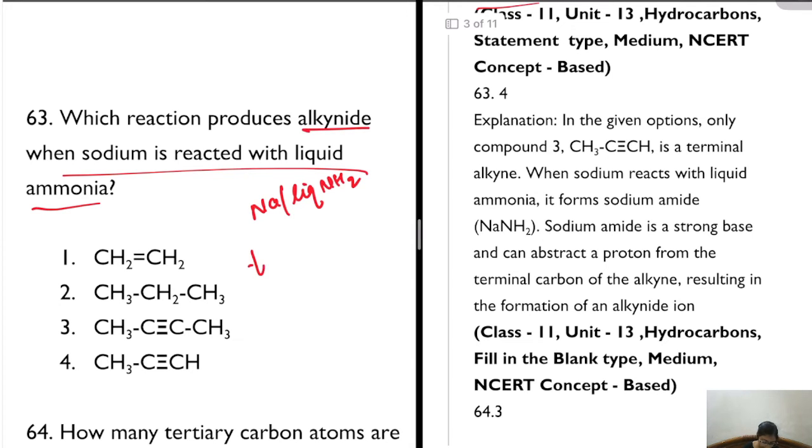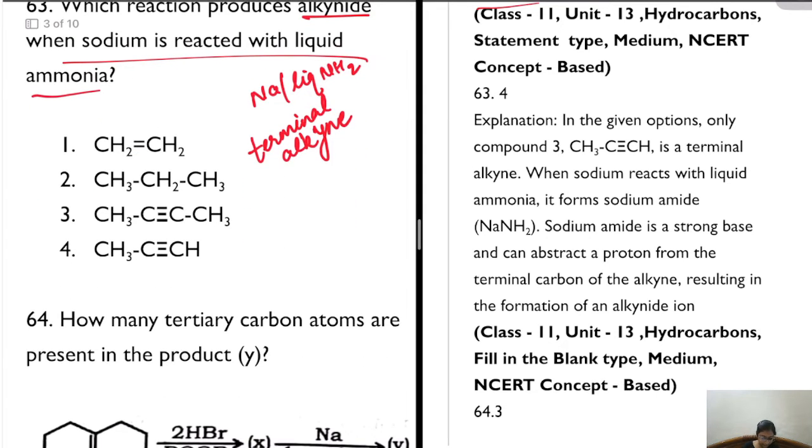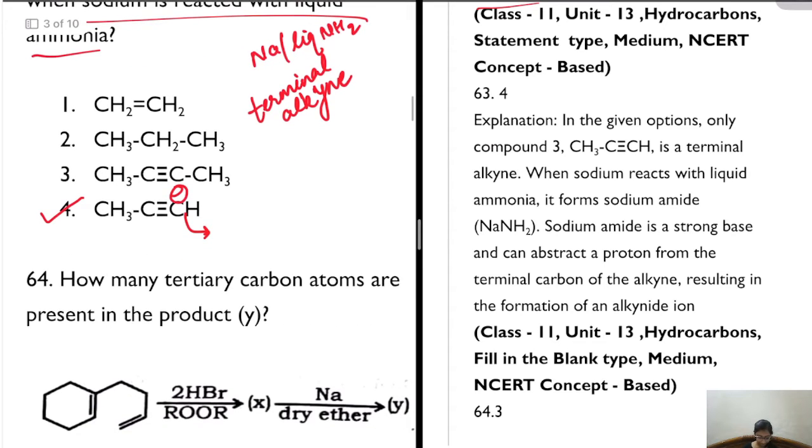So what is important here is the terminal alkyne. The terminal alkyne here is only this. It will abstract this proton and we'll have the negative charge here, and we'll have the alkynide ion. This would be the alkynide ion, with negative charge on the triple bond carbon.